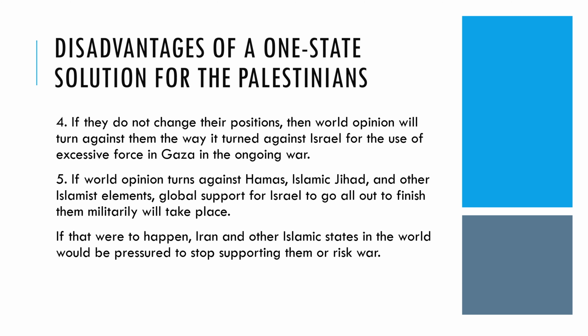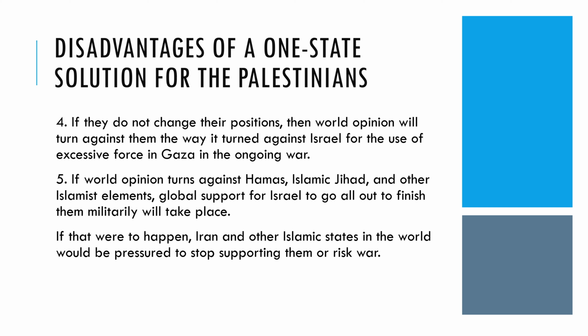4. If they do not change their positions, then world opinion will turn against them the way it turned against Israel for the use of excessive force in Gaza in the ongoing war. 5.